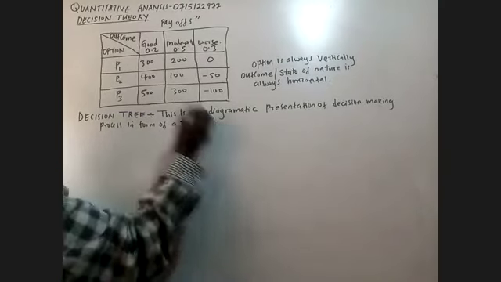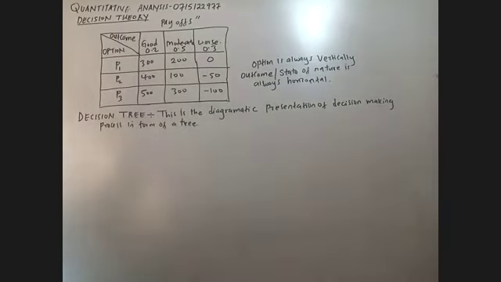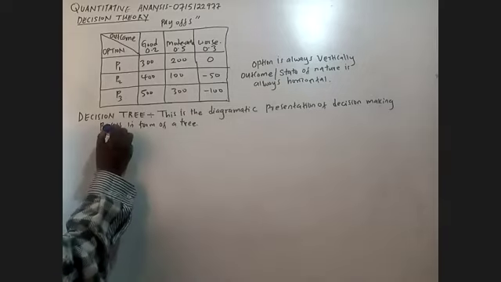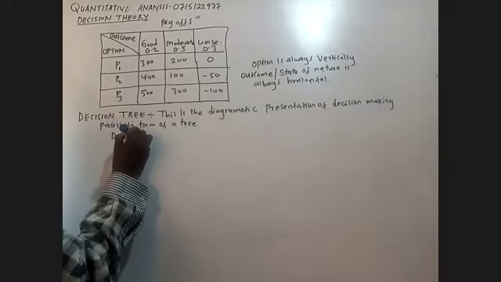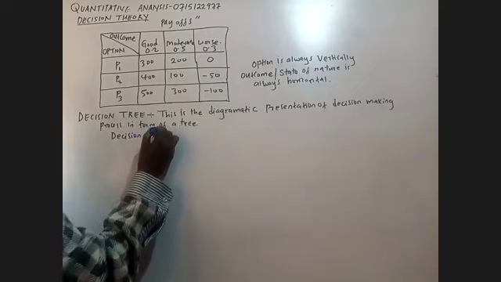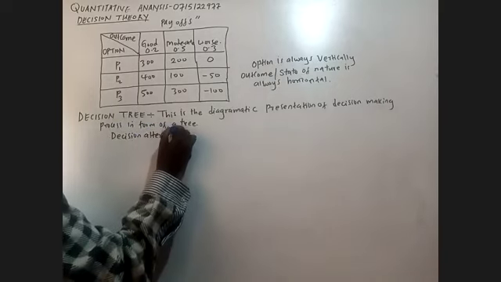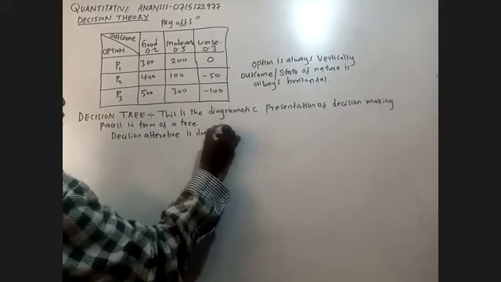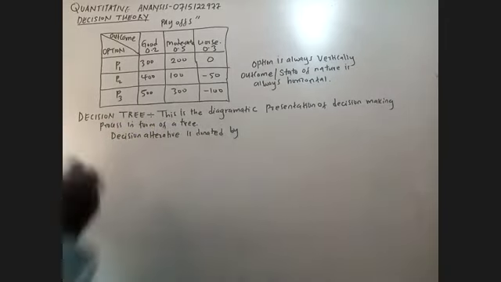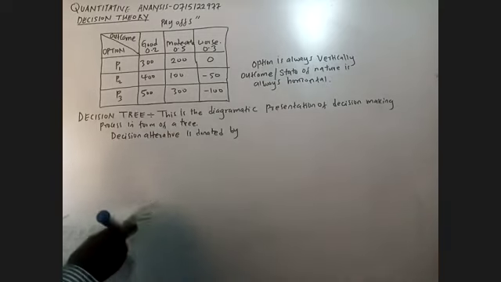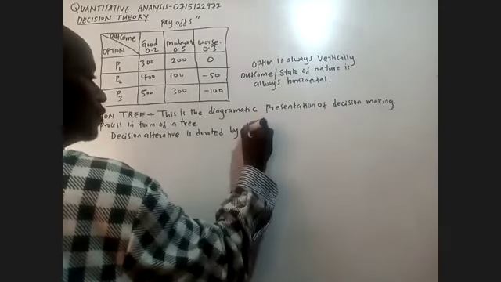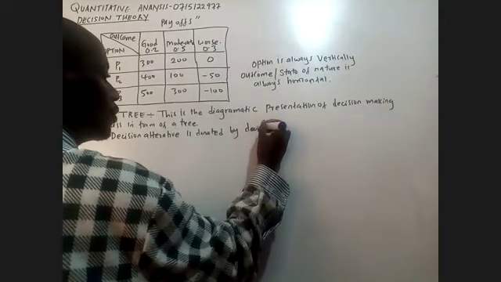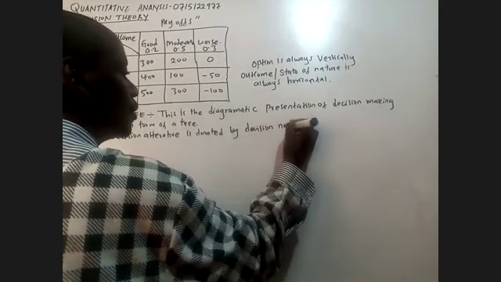For this one, a decision alternative is denoted by a decision node.